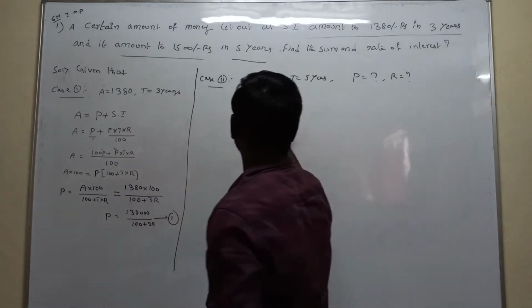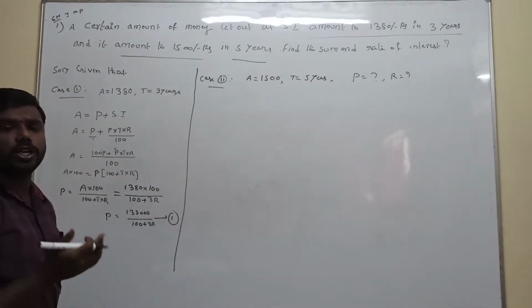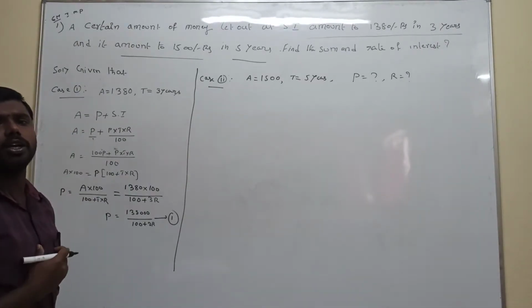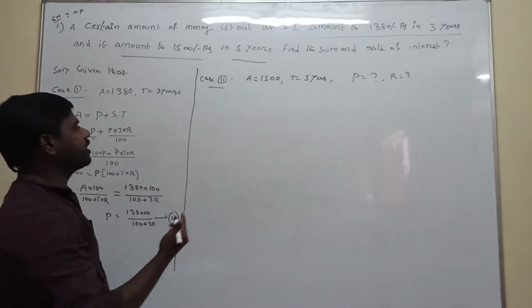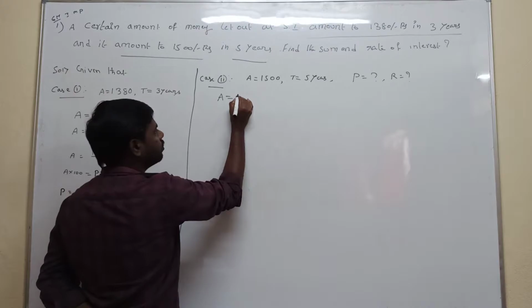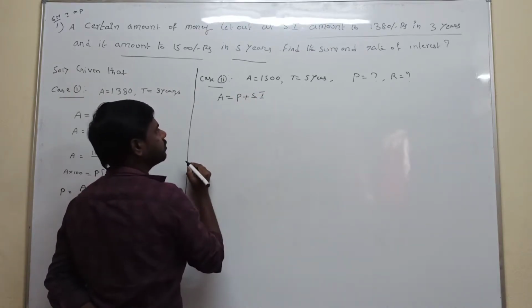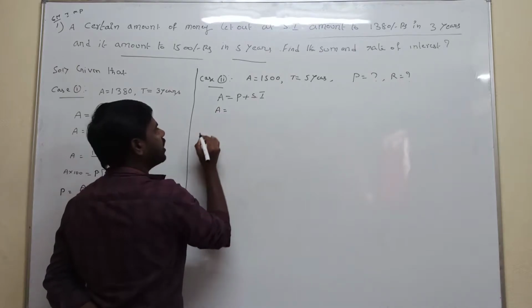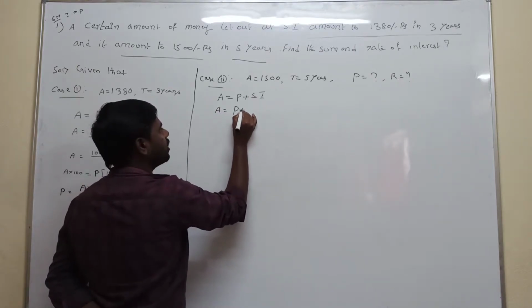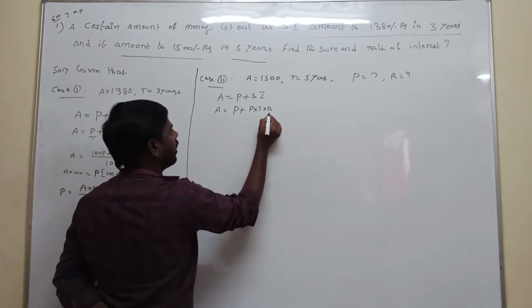The second case also gives the amount value and time value, and here also we need to calculate the P value. So here also we apply the same formula. Total amount capital A is equal to P plus simple interest, and the simple interest formula is PTR by 100.